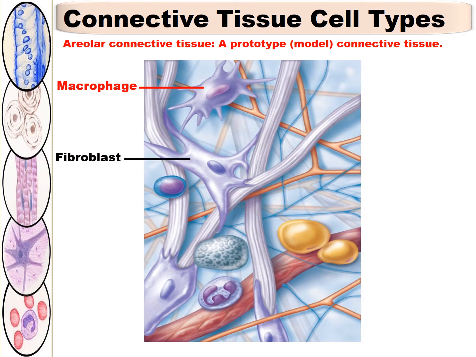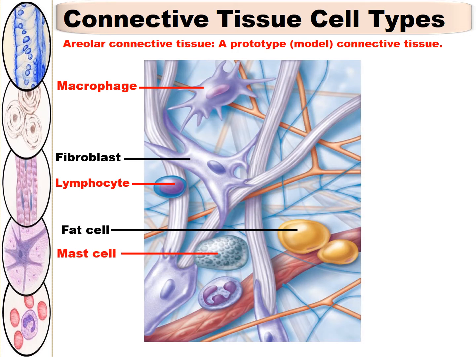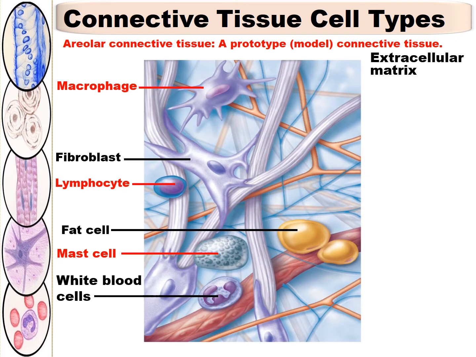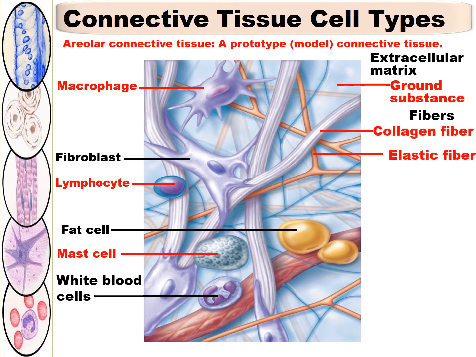This is the fibroblast, then the lymphocyte, then the fat cells and the mast cell, and this one is the white blood cells. And if we talk about the extracellular matrix, this one is the ground substance. And if we talk about the fibers, all these three fibers we already discussed: collagen fibers, elastic fibers and the reticular fibers. So this is the structural composition of the connective tissue.